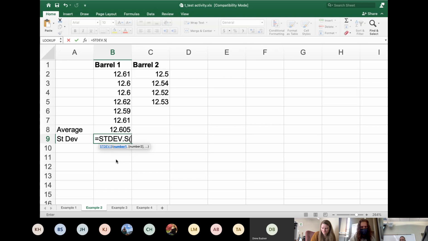All right, so we're going to run, like I said, if we have an outlier, it's going to be either the maximum point or the minimum point. So I'm going to run a Grubbs test for barrel 1, and then we're going to run a Grubbs test for barrel 2.